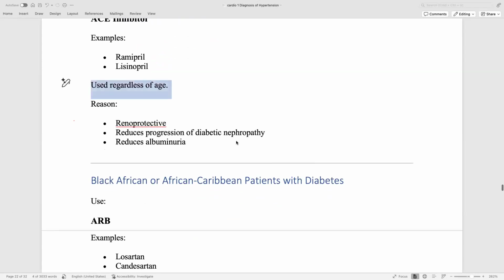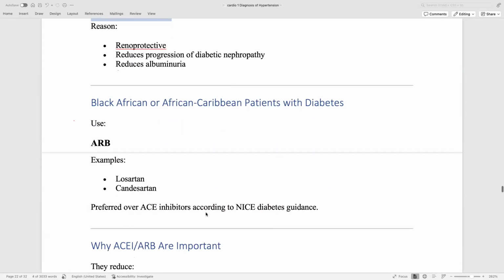Renoprotective, reduces diabetic nephropathy, reduces albuminuria. Now, if it is a black African with diabetes, a common scenario. The patient has hypertension, he is African and has diabetes. You will give ARBs. If a black African without diabetes, you will give calcium channel blockers, right?